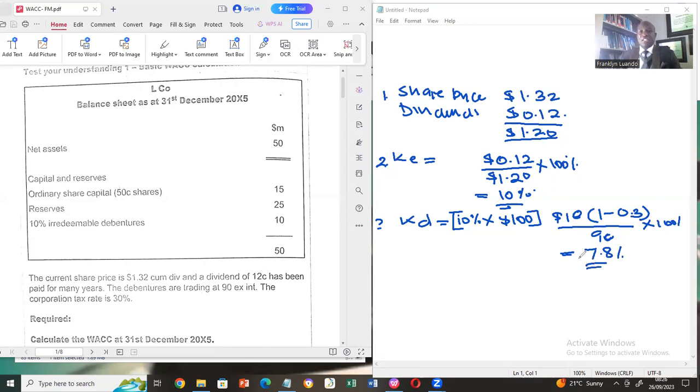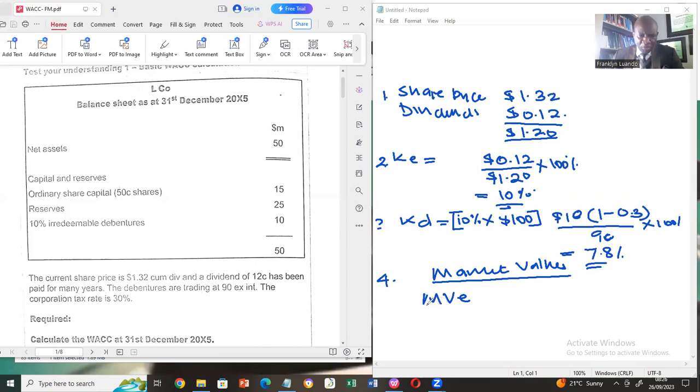So we have calculated the cost of equity and the cost of debt. So number 4 will be market values and proportion. The market values should be market value of equity, abbreviation.